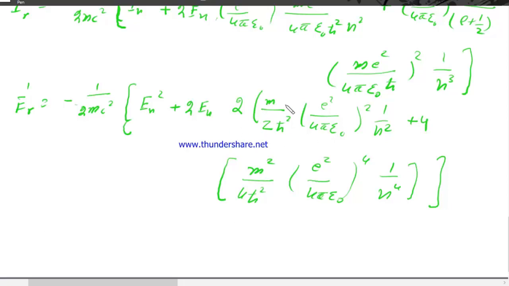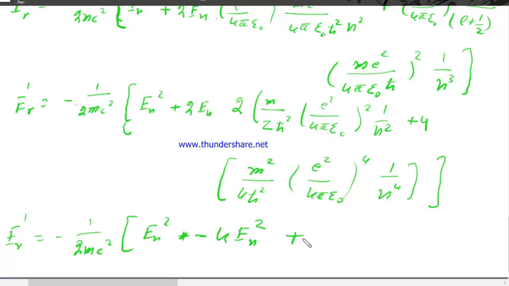We substitute the value of En, then we can write this equation as minus 1 over 2mc² equal to En² plus this is 4 times, and the value of energy is minus, then this becomes minus, and the 2 multiplied to this is 4 times En, and one energy value comes from this, and this is e².